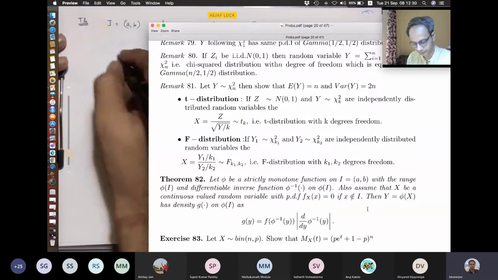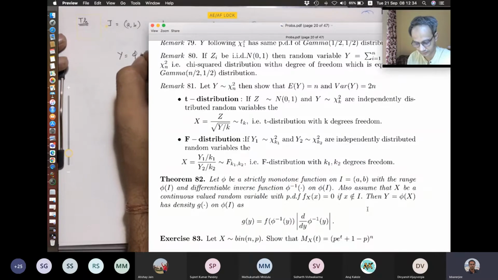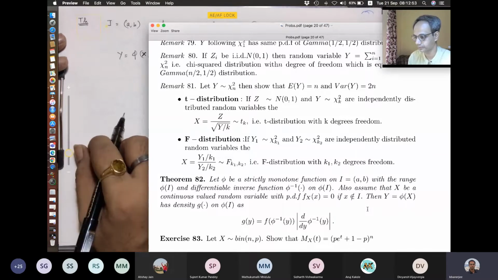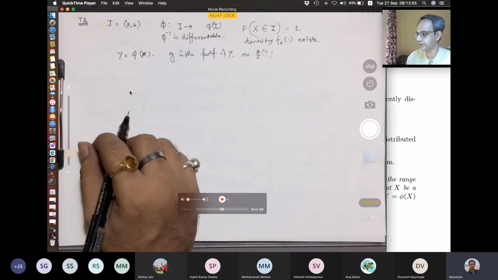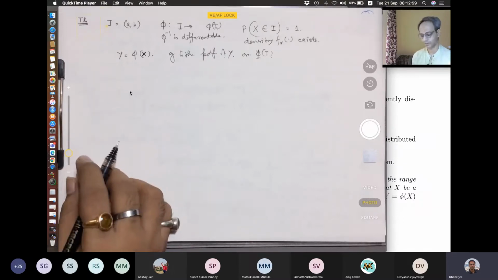Then Y equals phi of X, and g is the PDF of Y on phi of I. So let us see. This is what we know. We need to find the expression of g.